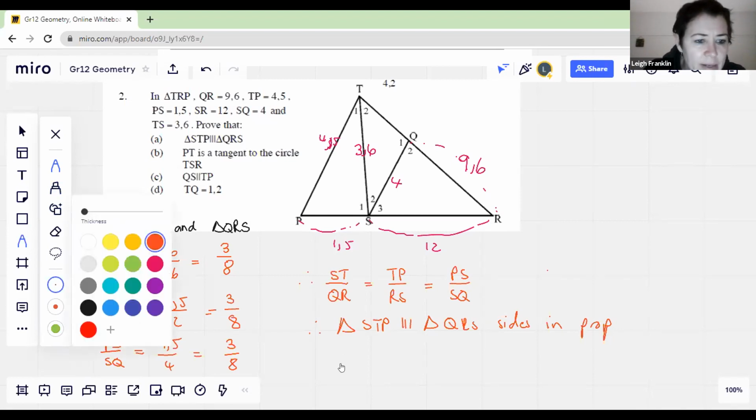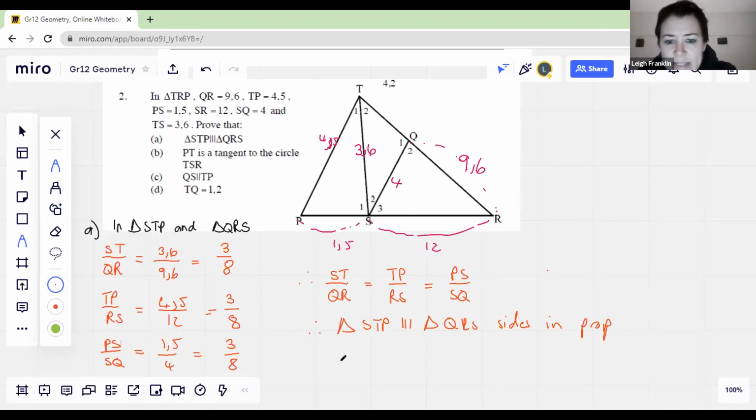Okay, let's go back. Now, angle S and angle Q are equal. Angle S, in STP, P is that one. So that angle S over there, and angle Q, in QRS, has to be that angle over there. Those two are equal.